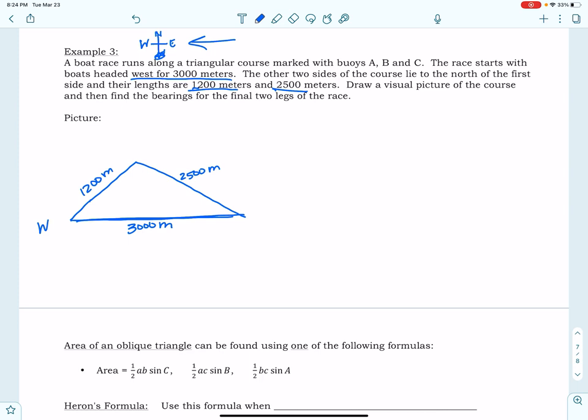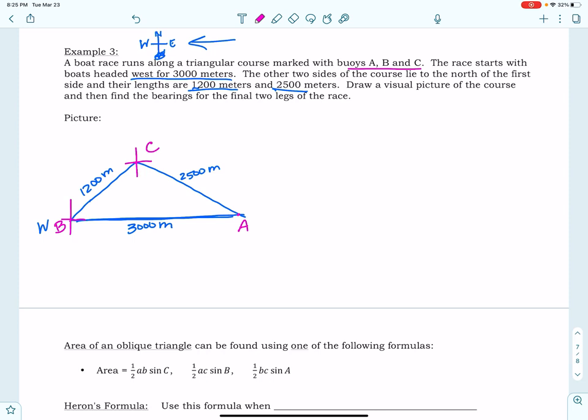So what we're being asked is what the bearing is right here, from this point to this point, and we also want to know what the bearing is from this point to this point down here. So I'm going to go ahead and label my buoys as A, B, and C. Since the race started with A, I am just going to label it that way. It doesn't really matter how you label it.